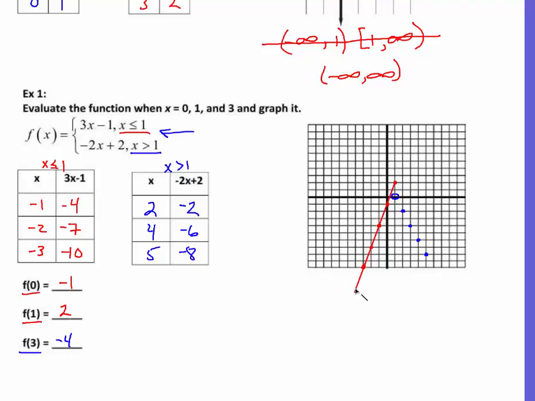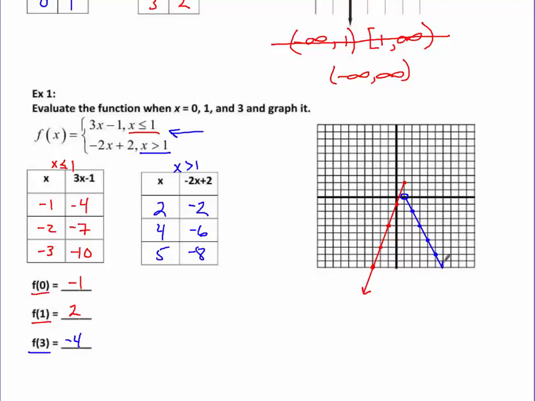we have our less than or equal to 1 values, and we have our greater than 1 values. Notice that we have a hole on this one where x equals 1 because x can't equal 1 on this graph, but it can go all the way up to it.